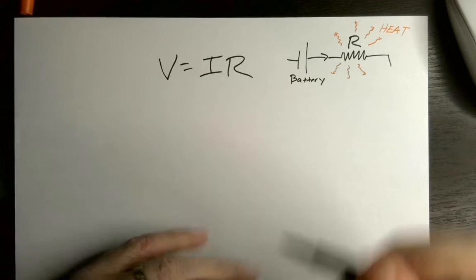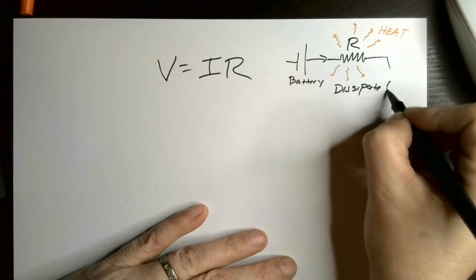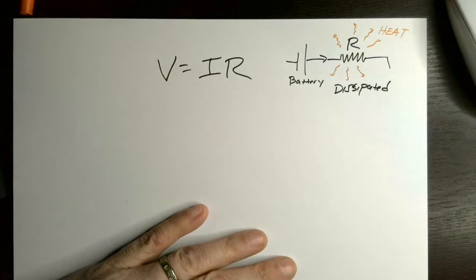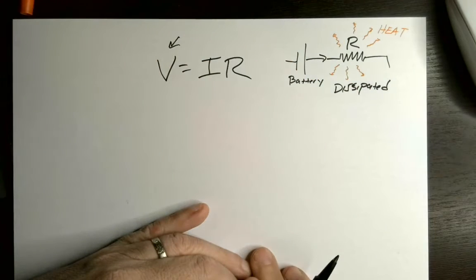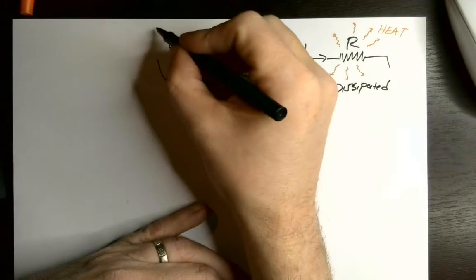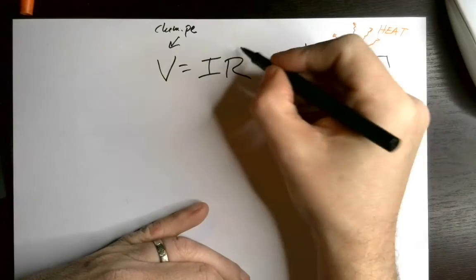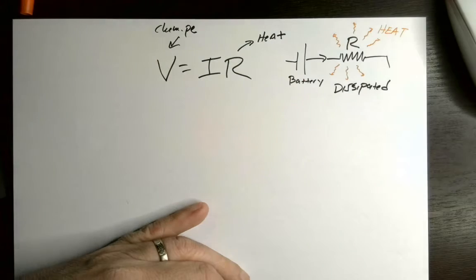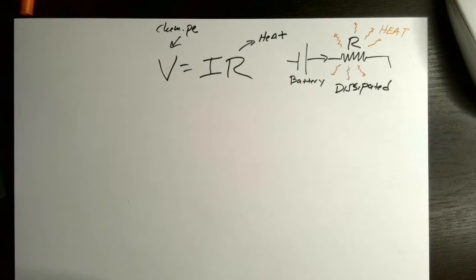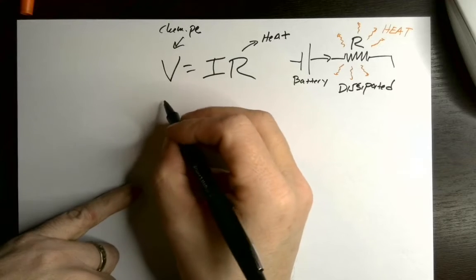So we can talk about the amount of energy dissipated by an electrical circuit in terms of its resistance, the amount of energy stored in the battery as chemical potential energy or electrical potential energy that's being dissipated in a resistor, or in the circuit as a whole, being dissipated as heat. So if we ask ourselves, what is this V in this expression?